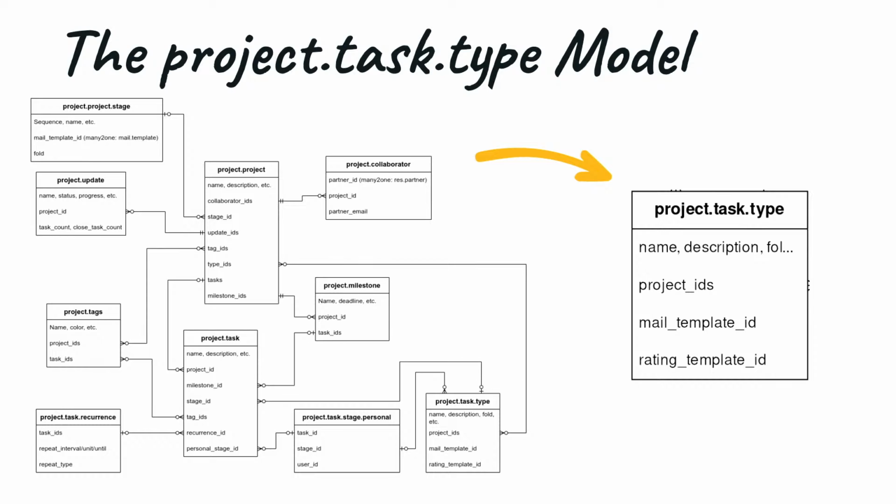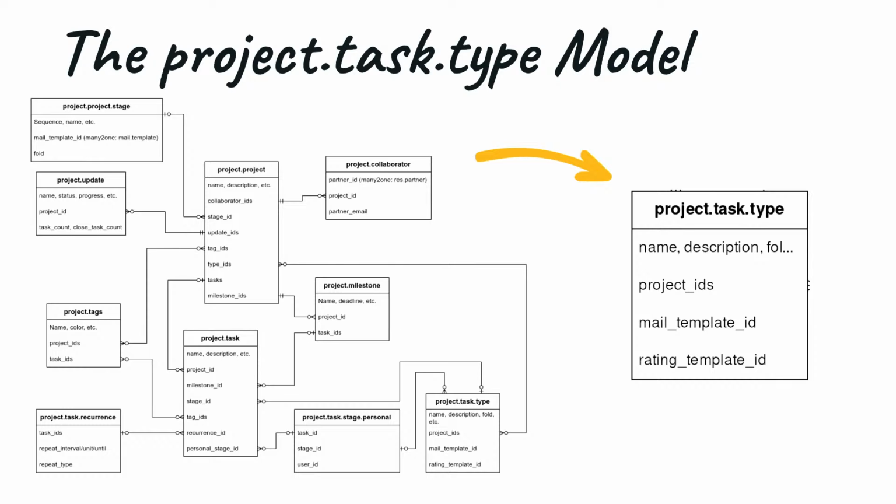So the project.task.type model is basically the task stages. Again, it works similarly to the project.project.stage model. It has a name, it has a description, it could be folded or not in the Kanban view, so it has fields for that. It also has a project IDs relational field that points to the projects that have this stage in them.